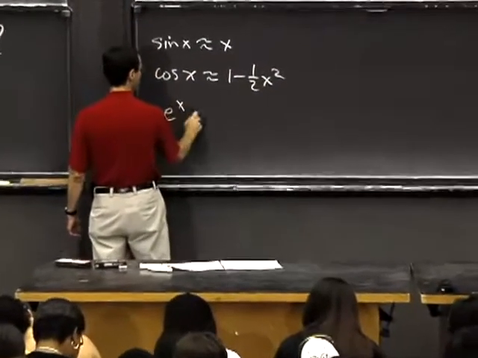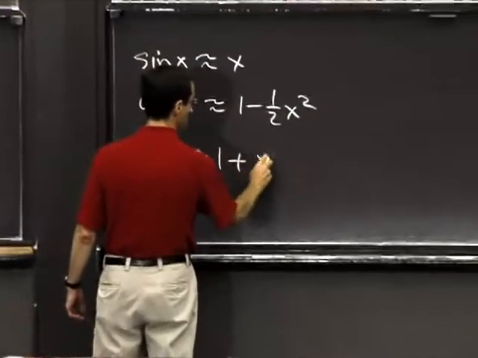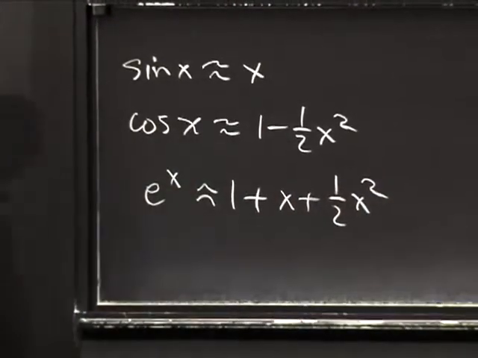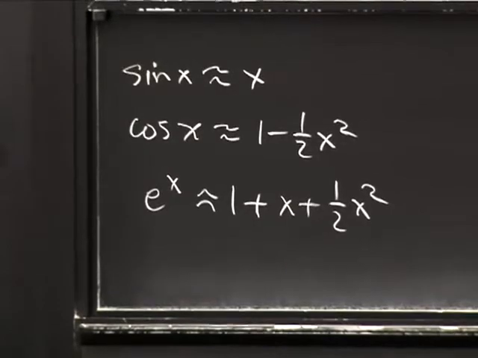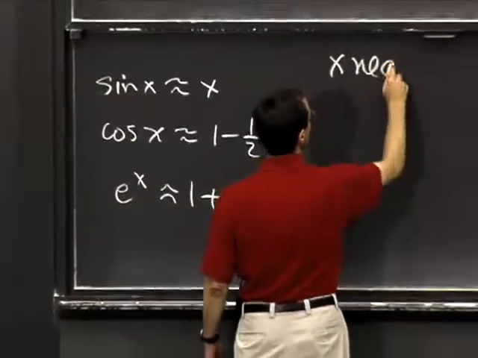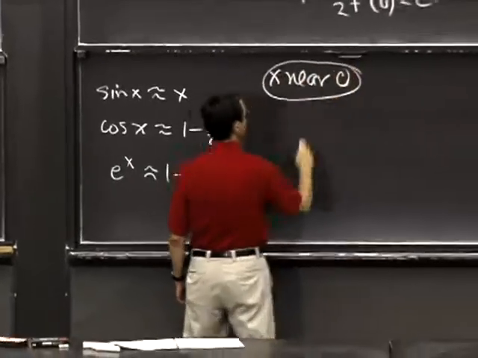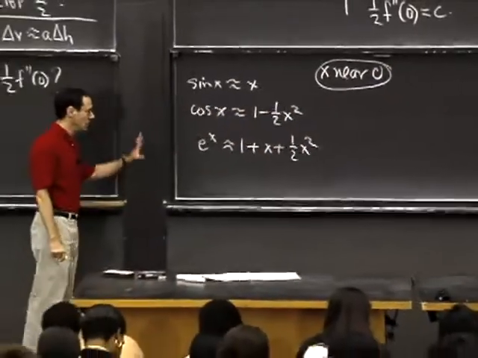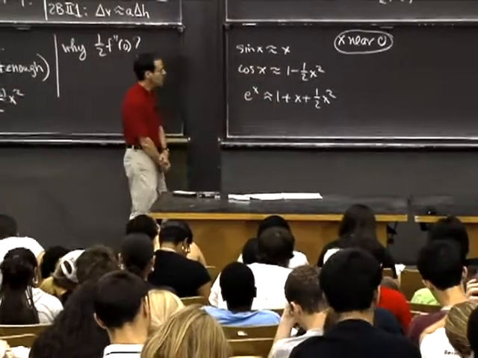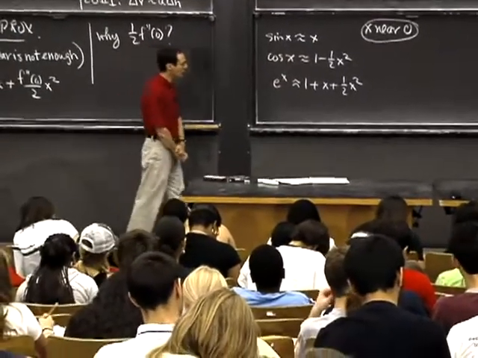And e to the x is approximately 1 plus x plus a half x squared. So those were three that I mentioned last time. And again, this is all for x near 0 only. These are wildly wrong far away, but near 0, they're nice, good quadratic approximations.